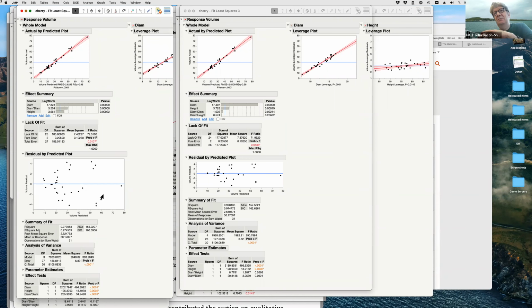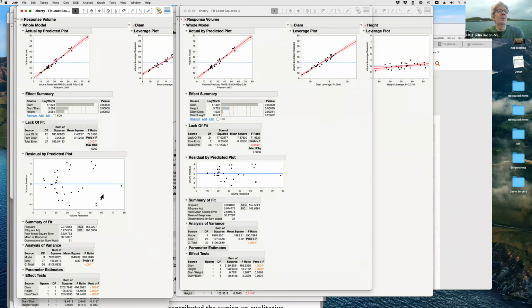Even if it's a pyramid type shape, it's the cross-sectional area times height, right? And the cross-sectional area clearly, for anything that has radial symmetry, is going to be diameter squared. So we do have a diameter squared term in here and height, but they're in here as additive terms. So this model really doesn't make a lot of sense.